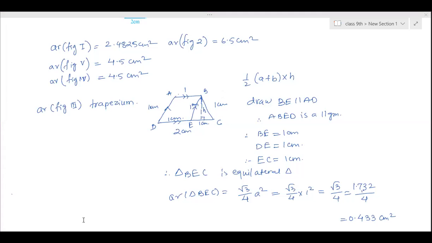Is the answer 19.2815 centimeter square?